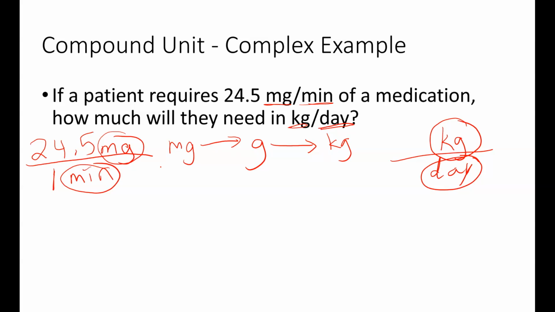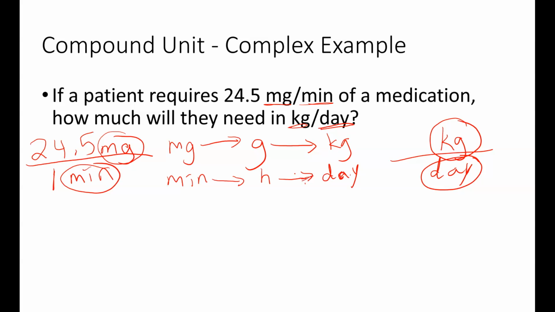I'm also going to worry about the minutes and my days. I'm going to need to convert my minutes. If you don't know a conversion directly from minutes into days, then you may need to go minutes to hours to days. You can always break this up into as many steps as needed.